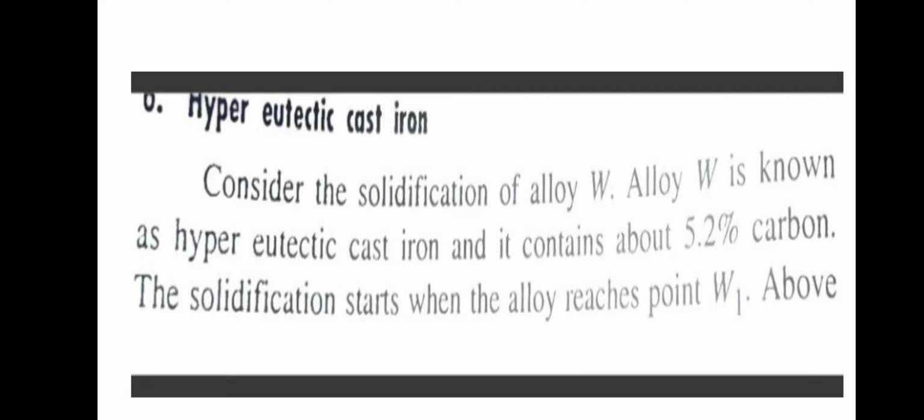The last structure is hypereutectic cast iron. It is the solidification of alloy W. Alloy W is known as hypereutectic cast iron, and it contains about 5.2% carbon. In the iron carbide diagram, W alloy is a hypereutectic cast iron. In between W and W1, alloy is in liquid state. Between W1 and W2, liquid plus cementite precipitates. Between W2 and W3, the remaining liquid is converted into cementite.